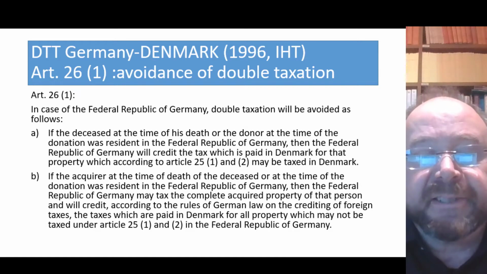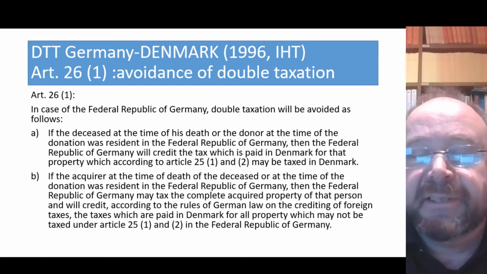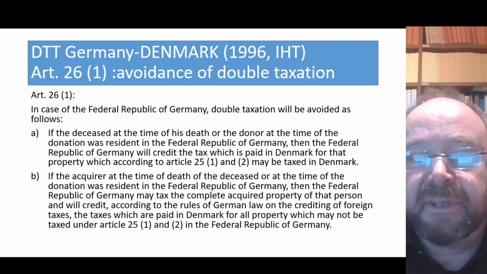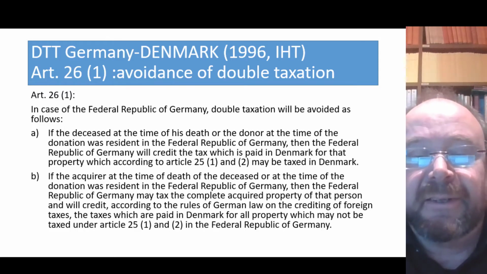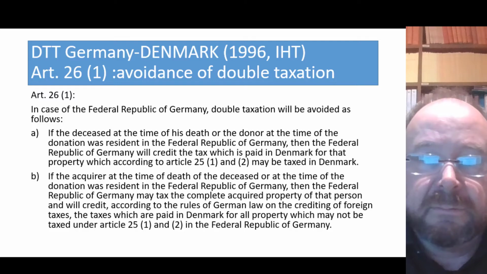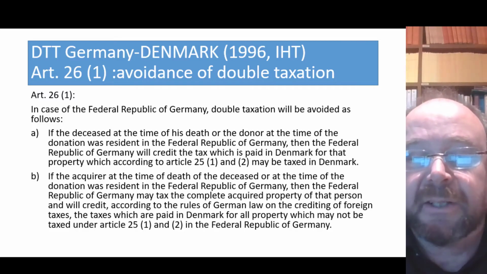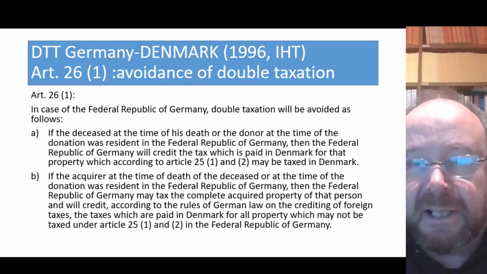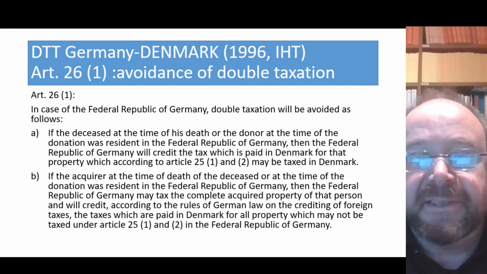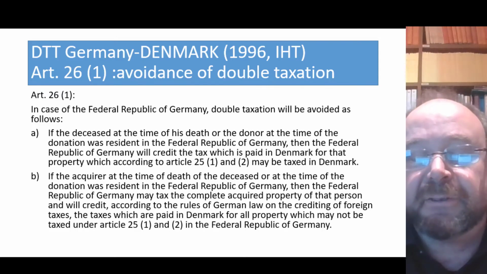So Article 26(1) says if the deceased at the time of death was resident in Germany, then Germany will credit only, I add that now, only the tax which is paid in Denmark, because Denmark is the source state. Only the taxes paid in Denmark under Article 25.